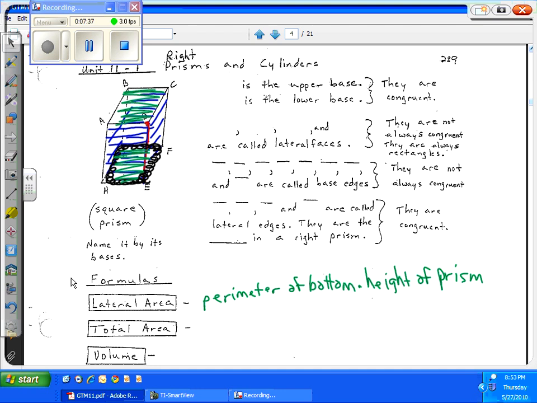Now the top and bottom are congruent. So we can say 2 times area of bottom. And that'll give us the top and bottom plus our lateral area, which is that, and we have the total area. So total area is 2 times area of the bottom plus perimeter of bottom times height.